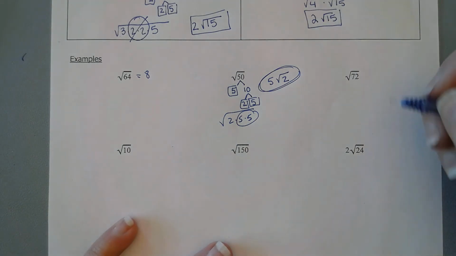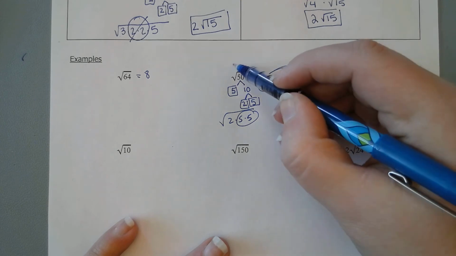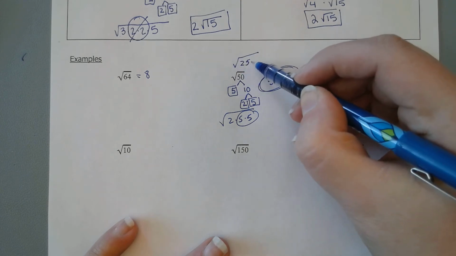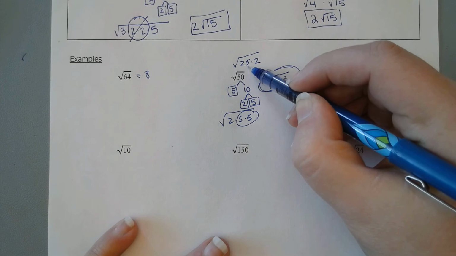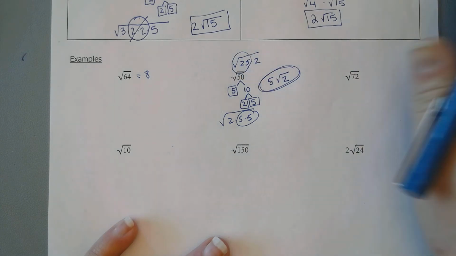Or you could think about, what perfect square can I divide 50 by? You might get 25 and 2, where the square root of 25 is 5, leaving a 2 behind.